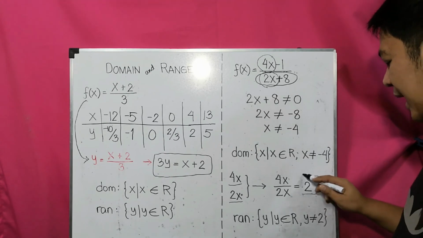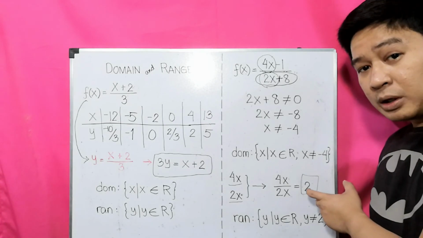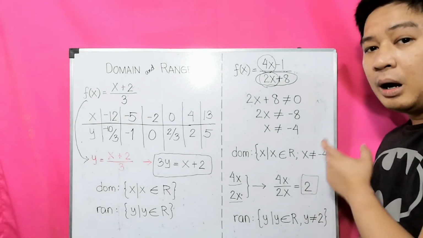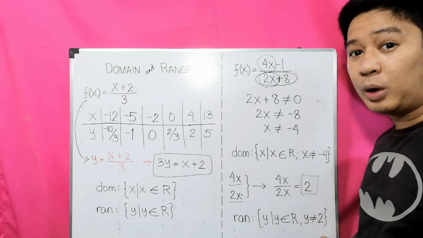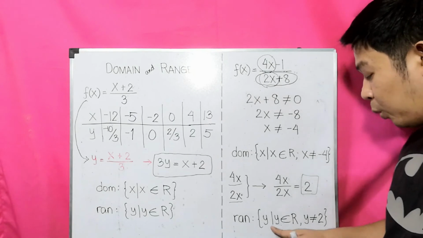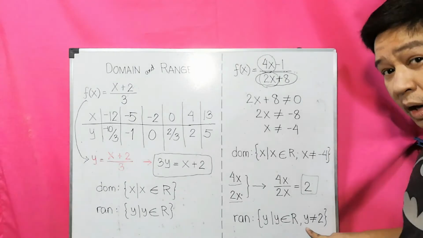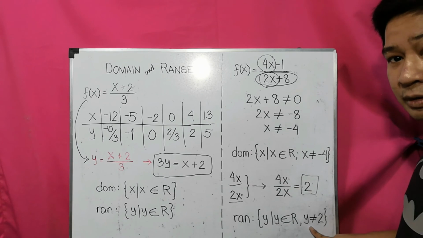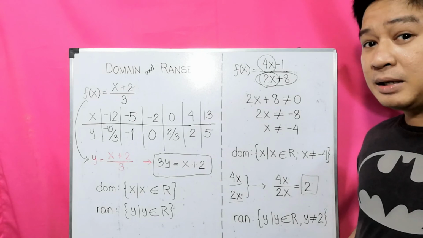This 2 will become the restriction of our y, meaning our function, or y, will never have a value equal to 2. And so our range will be y such that y is any real number, but y is not equal to 2. There is no way that our function will be equal to 2.